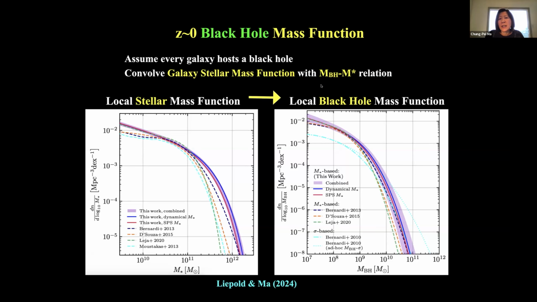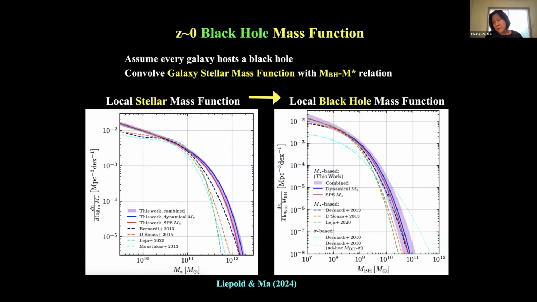So what we do is we take, it doesn't really matter whose you took, the one I worked on in 2013, but making sure we convolve it with the proper scatter and so on. So we converted our local stellar mass function, this purple band, into the black hole mass function. Along the way, we also compare with some other very famous papers for the galaxy stellar mass function, including Leja.